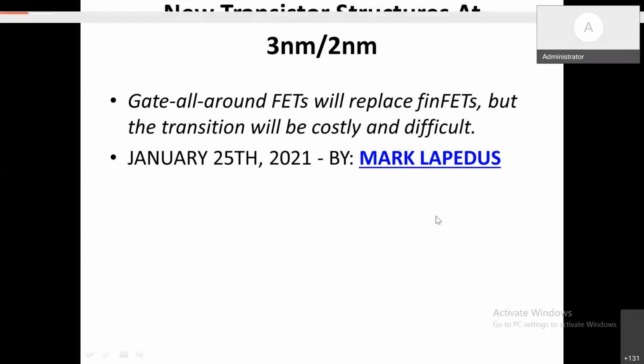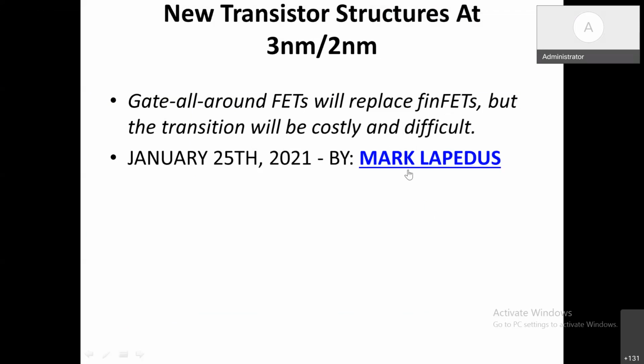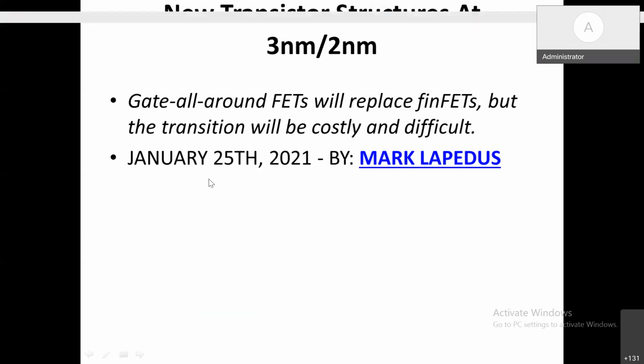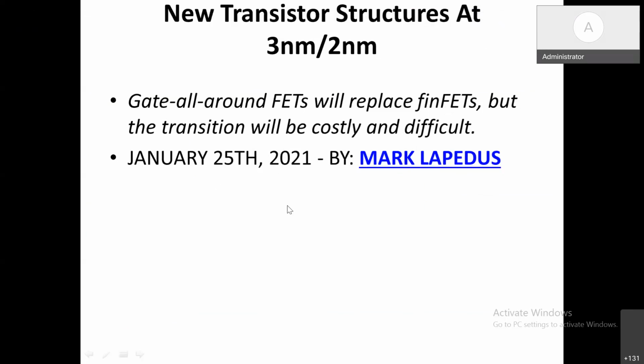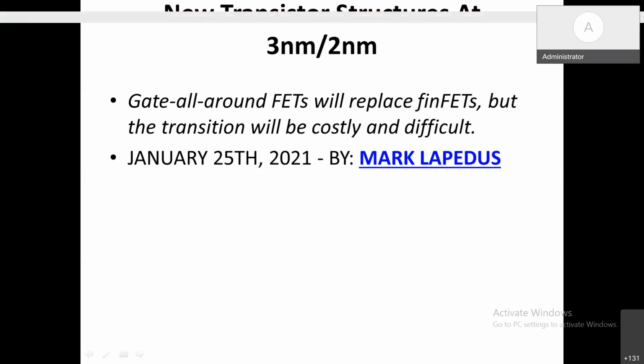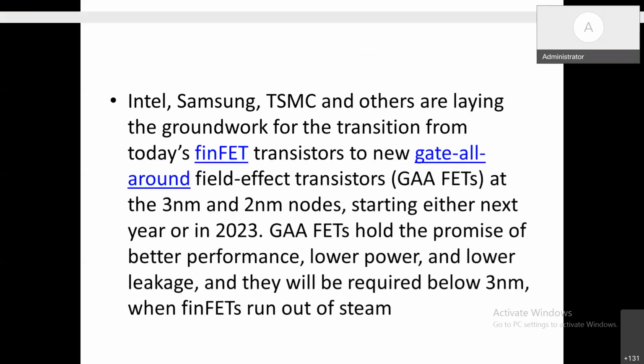This is an article written by Mark LaPedus on January 25th, 2021 in the journal Semiconductor Engineering. I am just taking the material from this article and presenting it to you. Because when we try to go in for 3 nanometer and 2 nanometer, 1 minute.